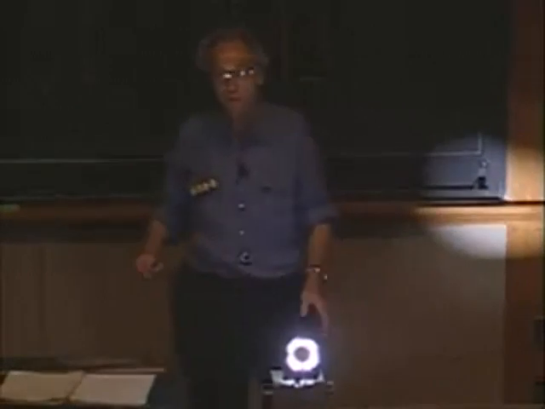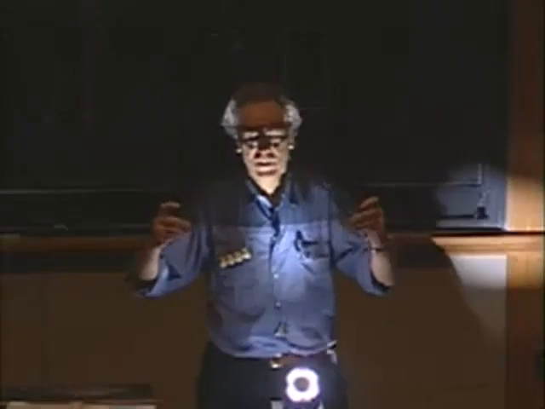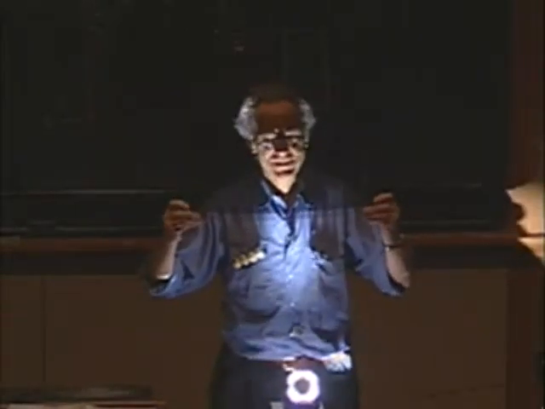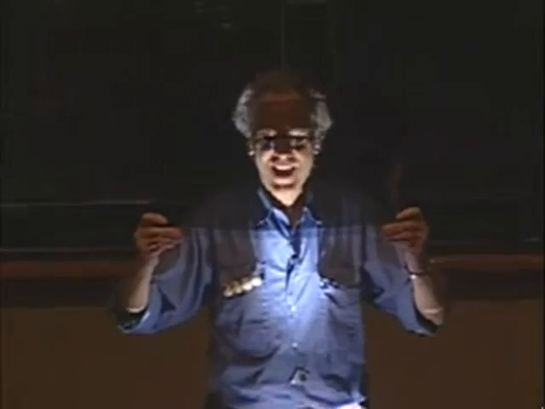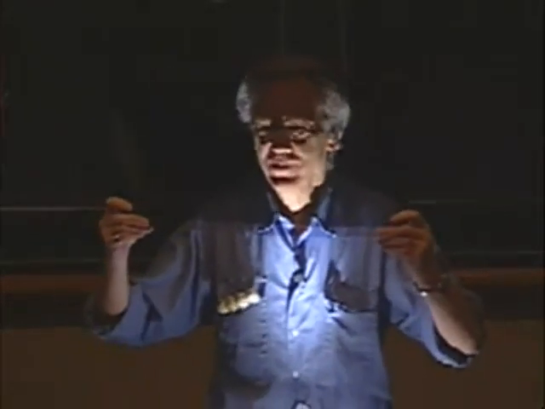Now, I'm going to hold in front of my face this linear polarizer. So now you're looking at Walter Lewin in polarized light. And that now gives you the option to make me come and go.